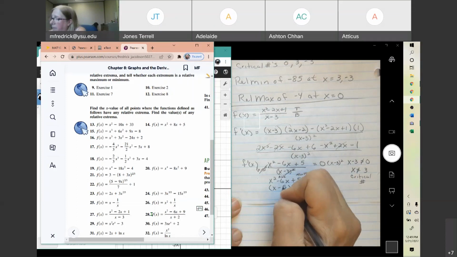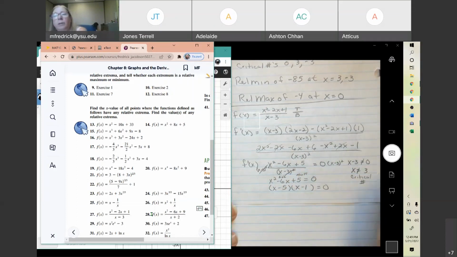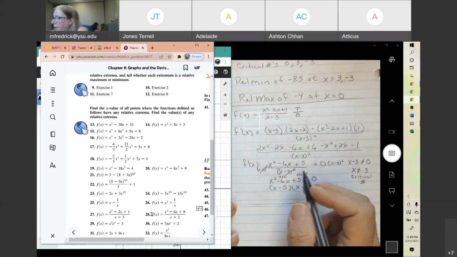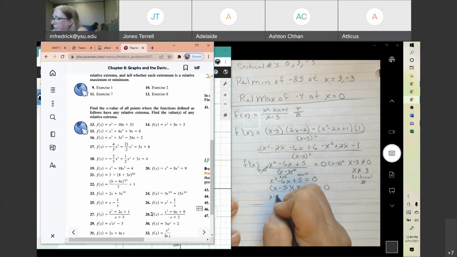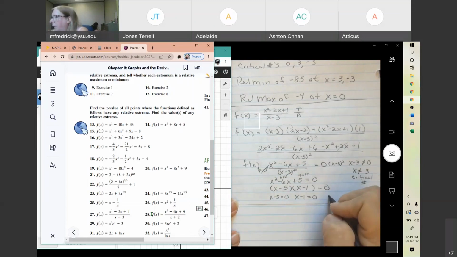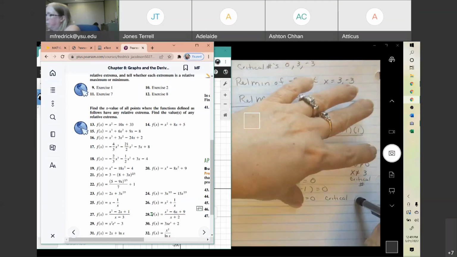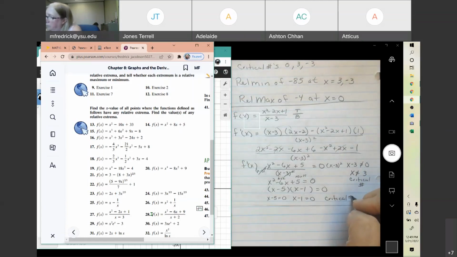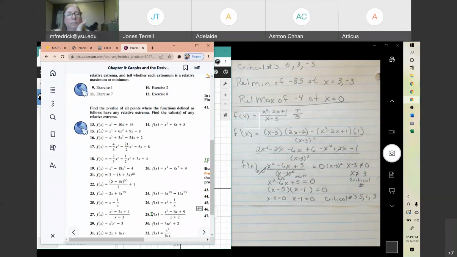X minus 5 and x minus 1. Because when you multiply them, you get the 5, and when you add them, you get a negative 6. Setting them equal to 0, we get 2 more critical numbers. I guess I could just put them with that one. So 5, 1, and 3. Any questions on that?